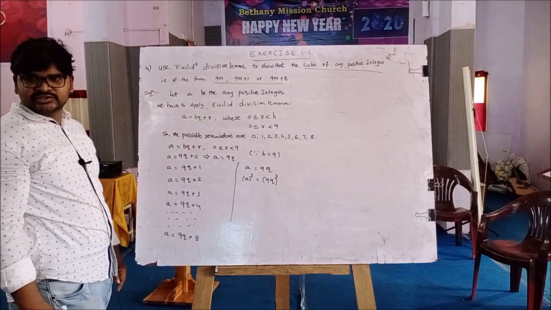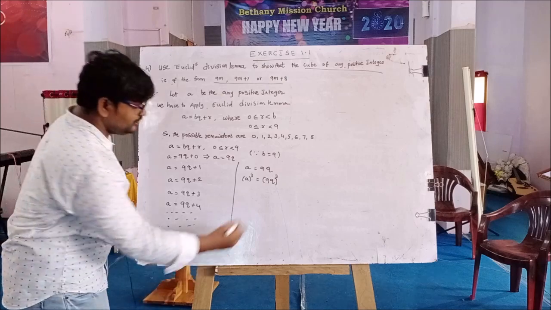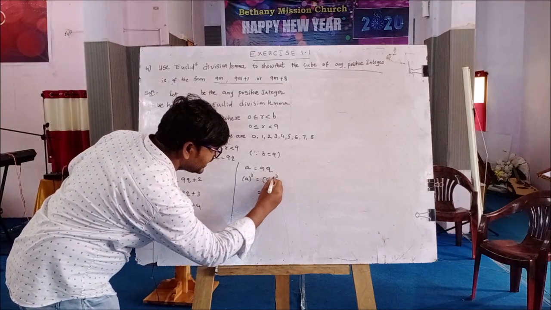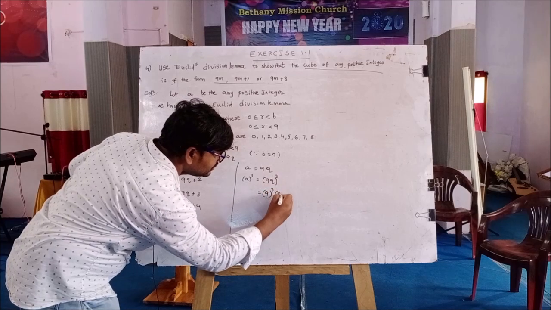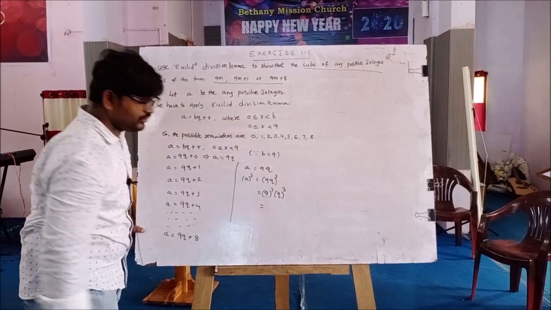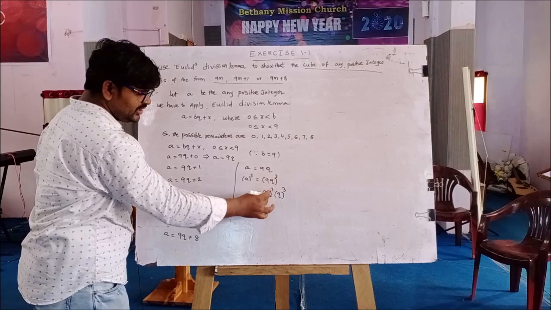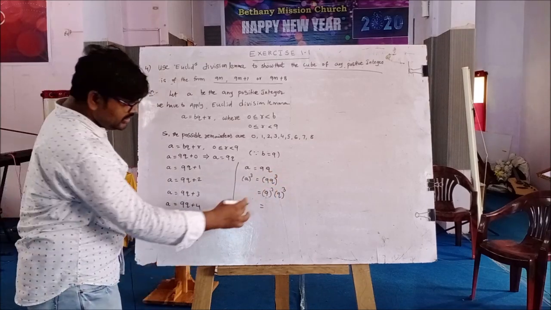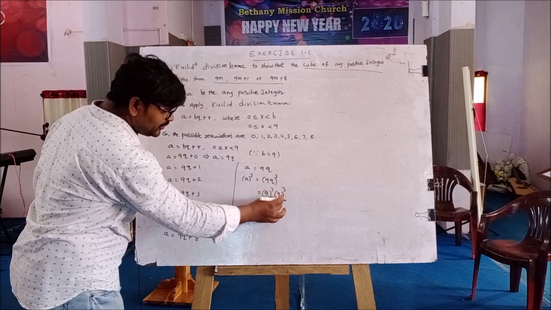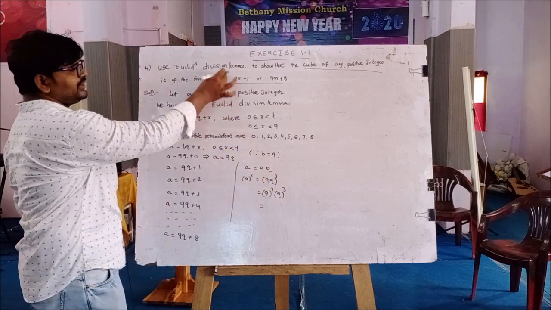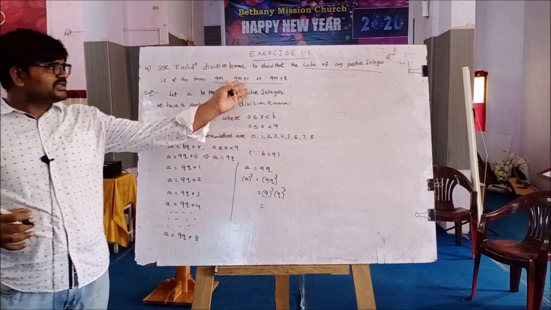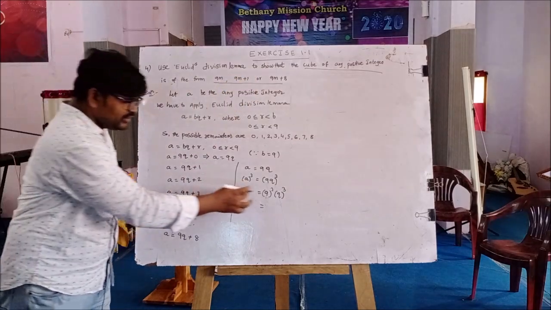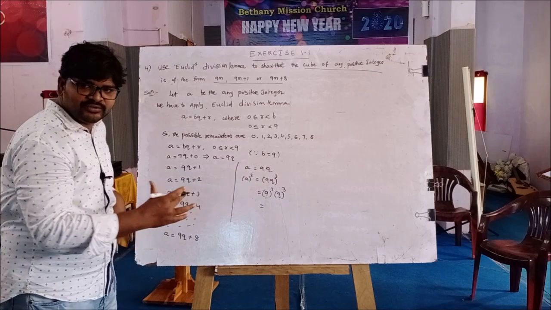A cube equals 9Q whole cube, which is 9 cube and Q cube. So 9 cube into Q cube is converted into 9m or 9m plus 1 or 9m plus 8. Yes or no? So 9 cube is converted into 9 into something.